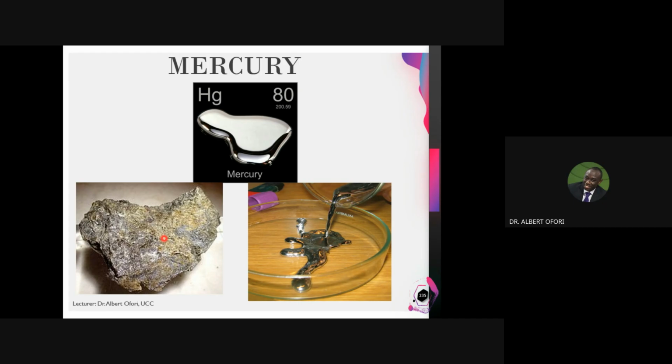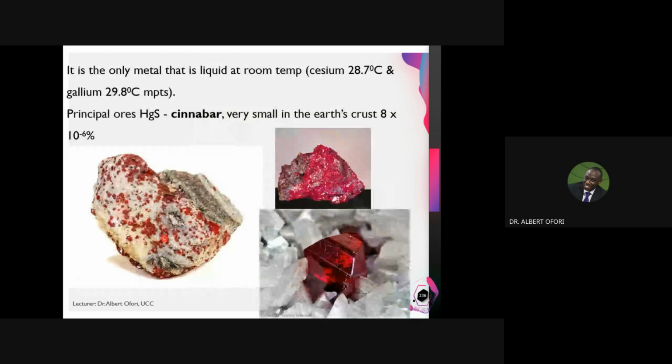Okay. So the most common ore for mercury is cinnabar, which is the reddish kind. So this is how mercury originally looks, these nice crystals that we see in the rocks. So cinnabar is mercury sulfide.